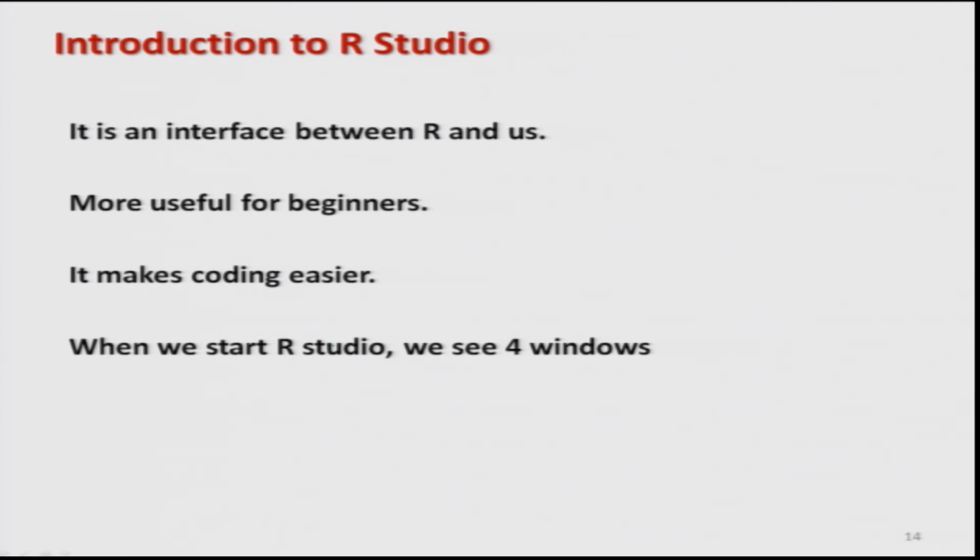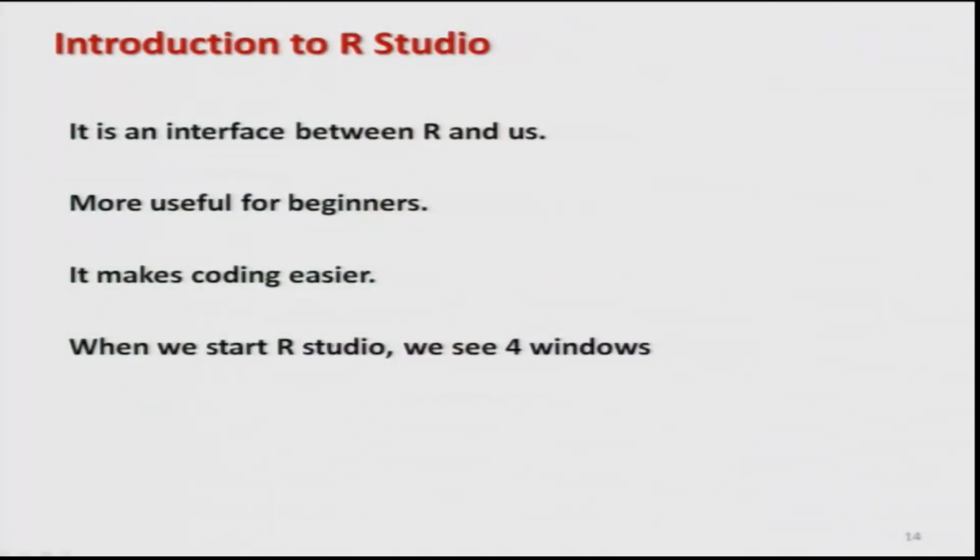Now we come to another aspect, and I would like to give you some more details about the RStudio software. So let us try to see. This RStudio software, as we had discussed earlier, is free software that can be downloaded from the website, and it is actually a sort of interface between our software and us.